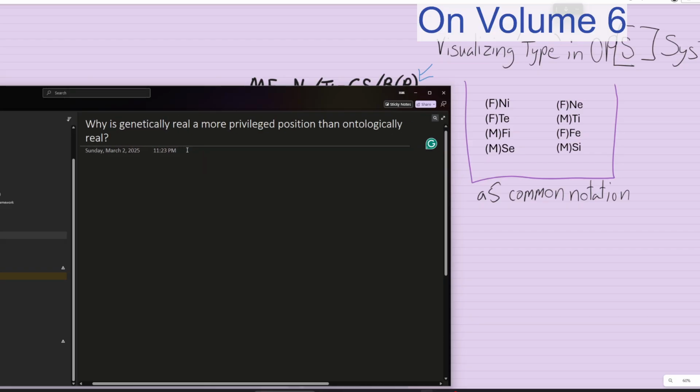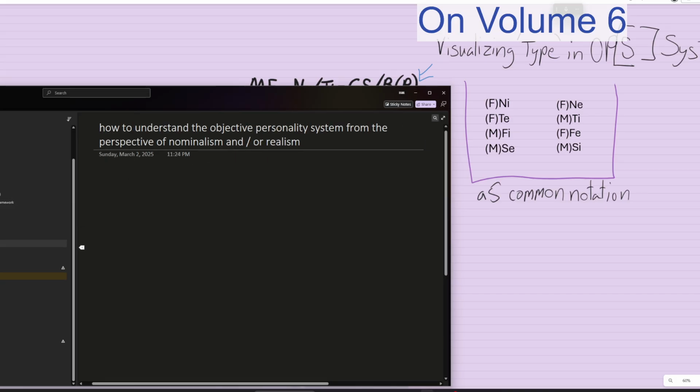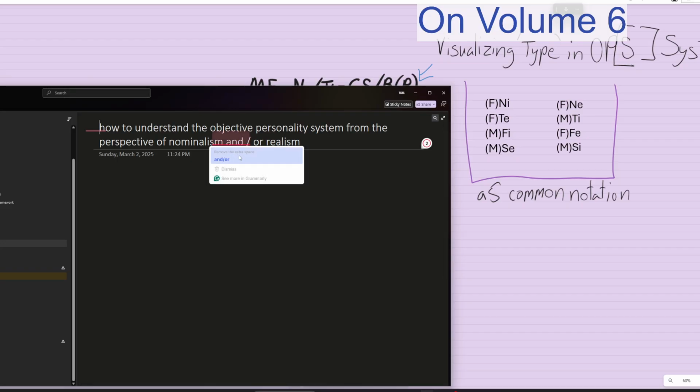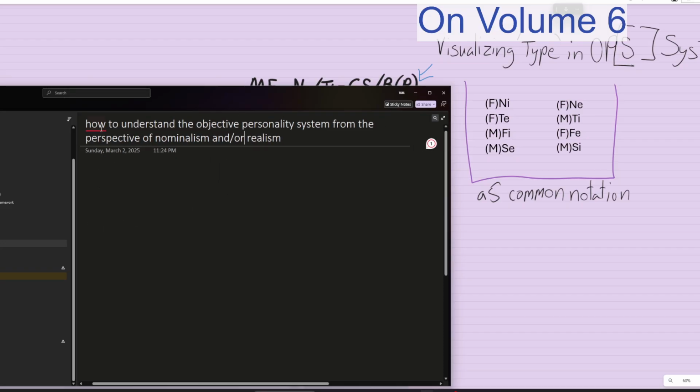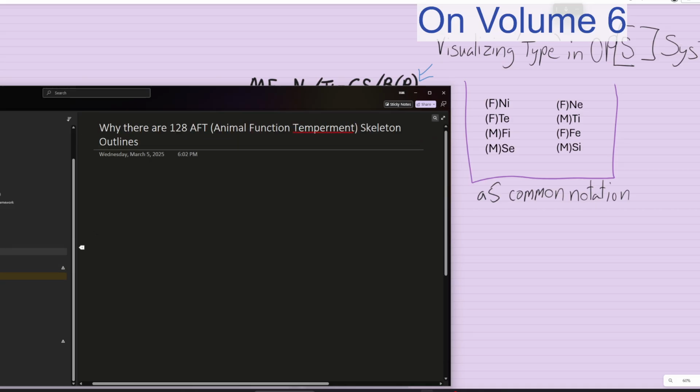How to understand the objective personality system from the perspective of nominalism and/or realism. Why there are 128 animal function temperament skeleton outlines.